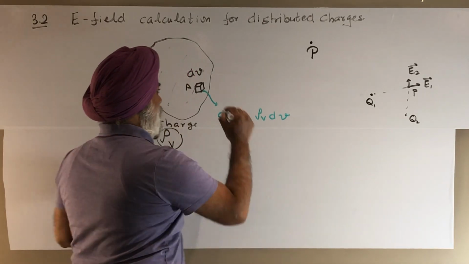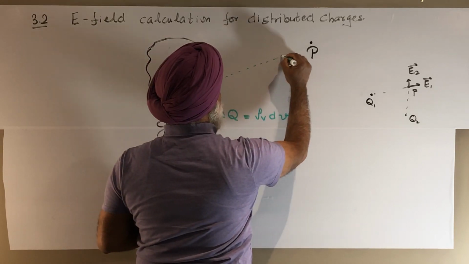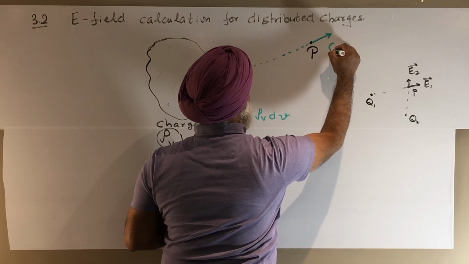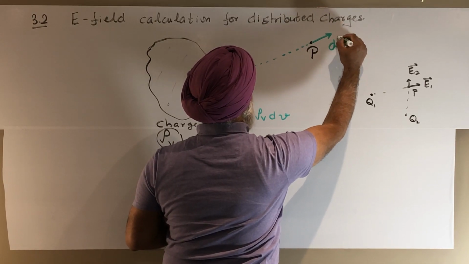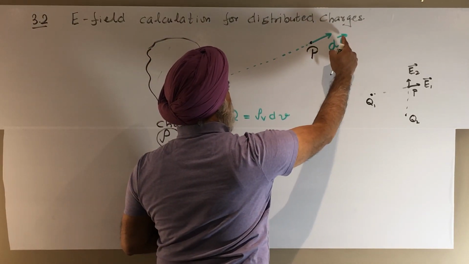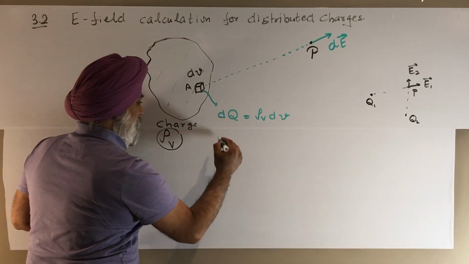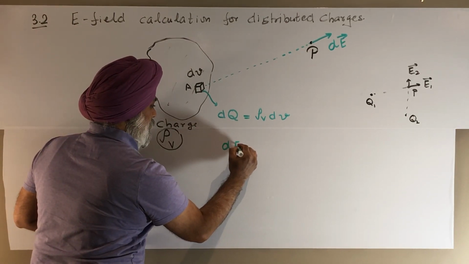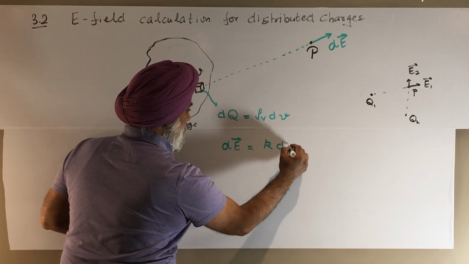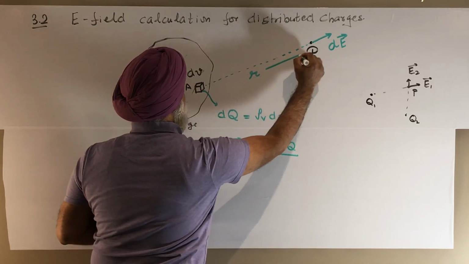And if we treat it like a point charge, we can then say that the electric field due to that point charge, or this small baby charge, is going to be a small baby electric field, or a differential electric field, and the value of that differential electric field is going to be k dq by r squared. Let's call this distance r.